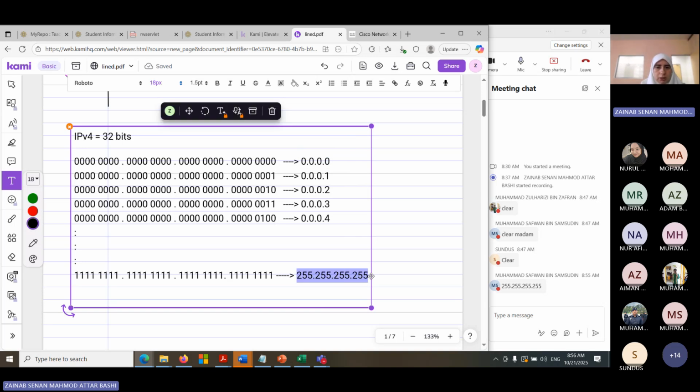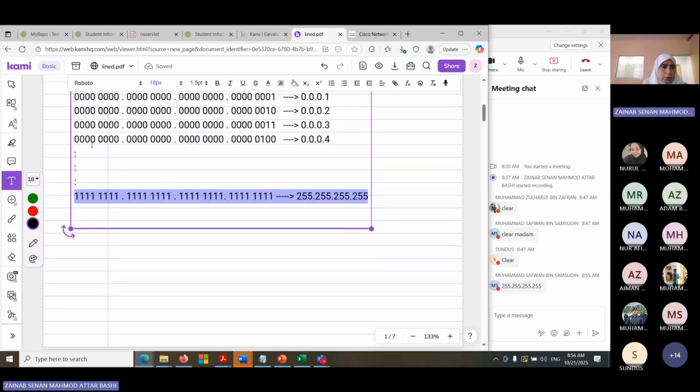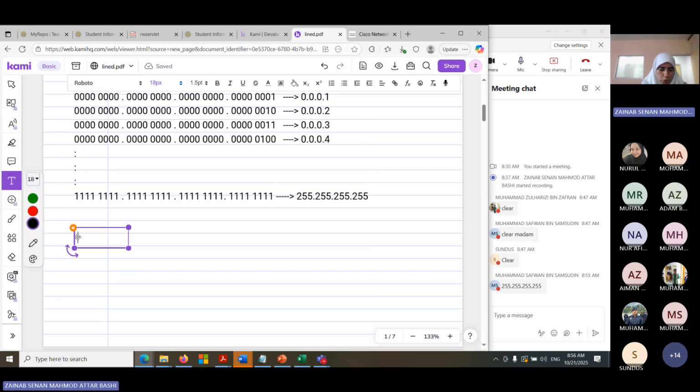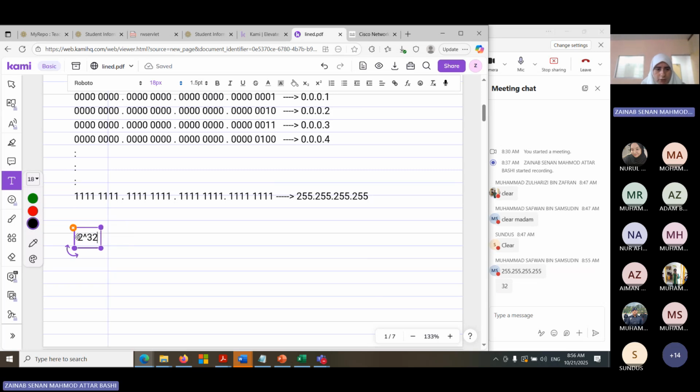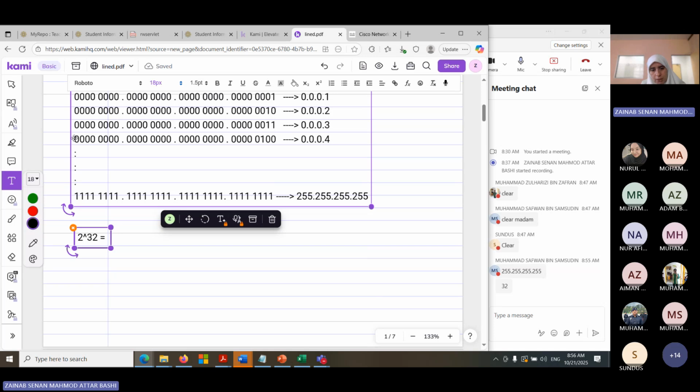Now, if I ask how many addresses from this one to this one, how do we calculate it? Since we are using binary numbers, each bit is either 0 or 1, so the calculation has 2 as the base to the power of 32. Why 32? Because we have 32 bits.